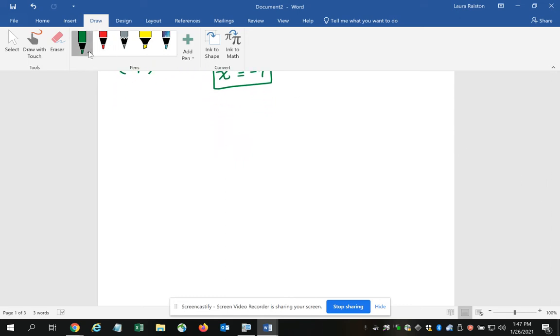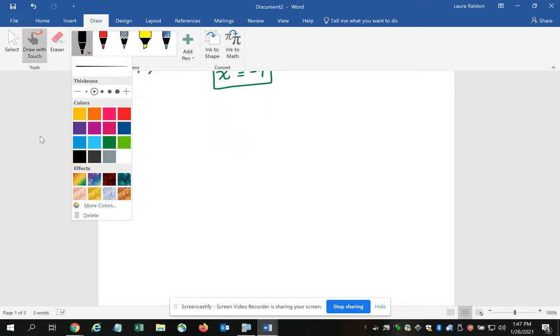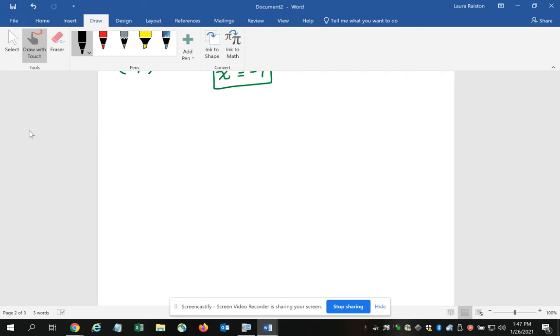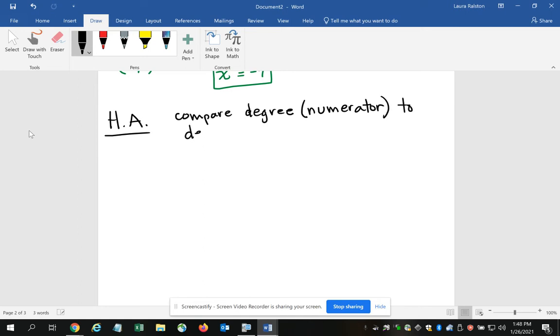Finally, we would talk about the horizontal asymptote. It's a little bit more challenging to determine your horizontal asymptote because you have to compare the degree, which remember is the highest exponent, of the numerator to the degree of the denominator.